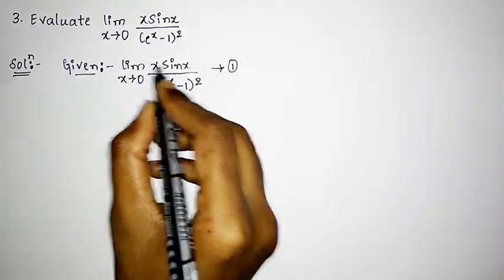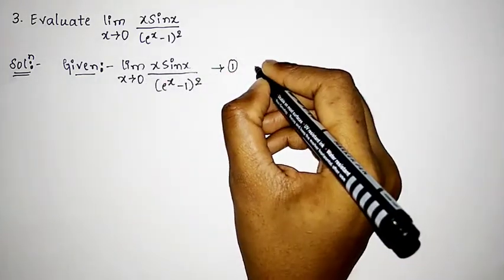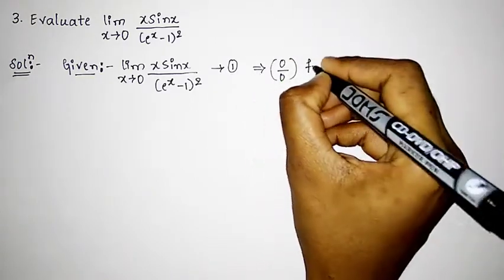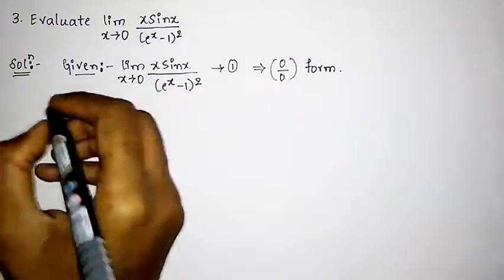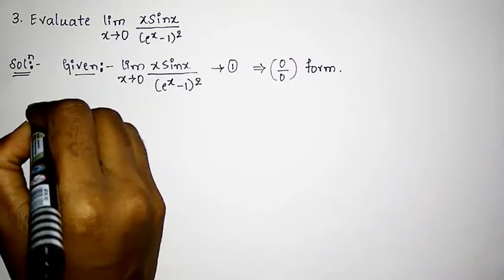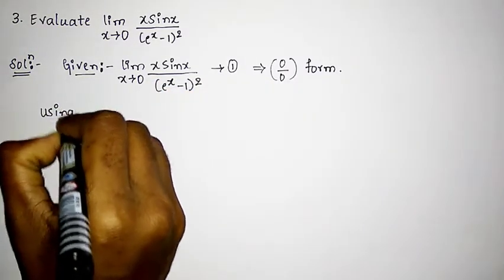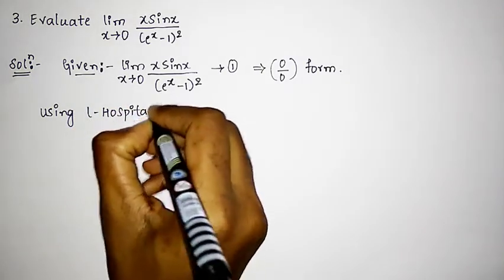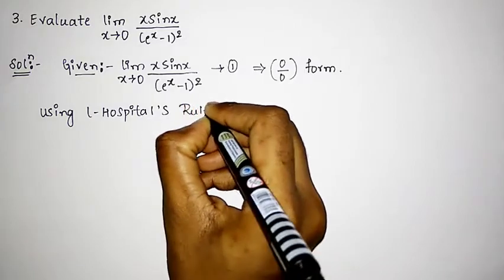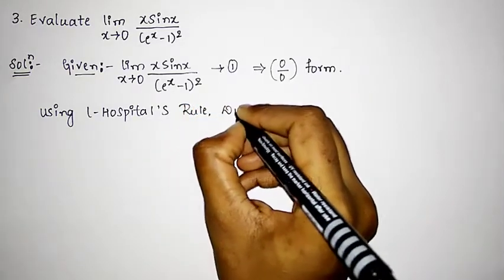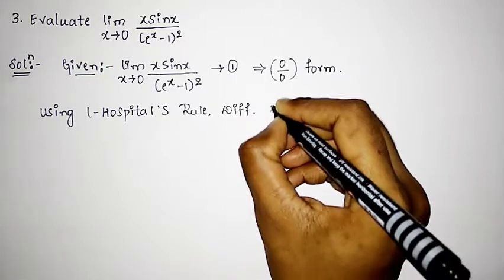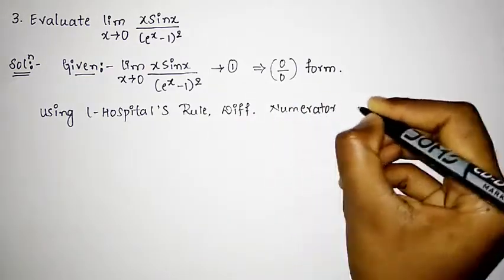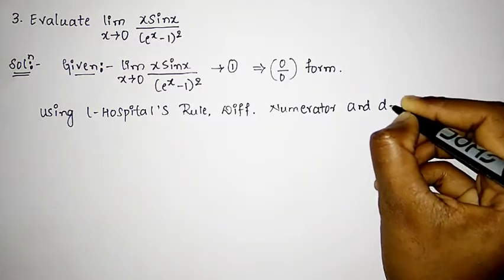By clearly observing we can see that the limit is of 0 by 0 form. So if it is 0 by 0 form, using L'Hospital's rule, differentiate numerator and denominator.